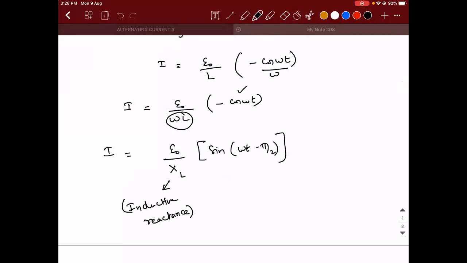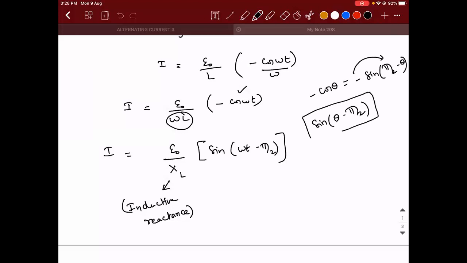The reason why I wrote it like this is because, observe, minus cos omega t is there, right? So we know that minus cos theta is equal to minus sine of pi by 2 minus theta. Okay. So if I push the minus sign inside, it becomes sine of theta minus pi by 2.